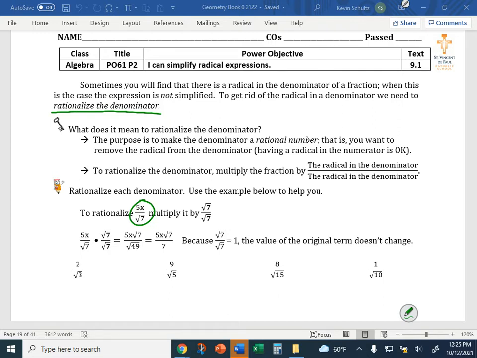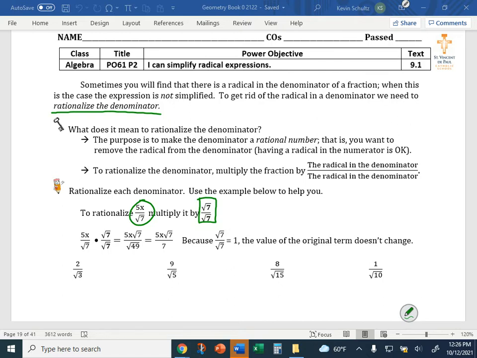So what we do is we multiply that fraction by that root 7 over itself. If we have the fraction 5x over root 7, to rationalize the denominator, to turn that denominator into a rational number, we multiply by root 7 over itself.